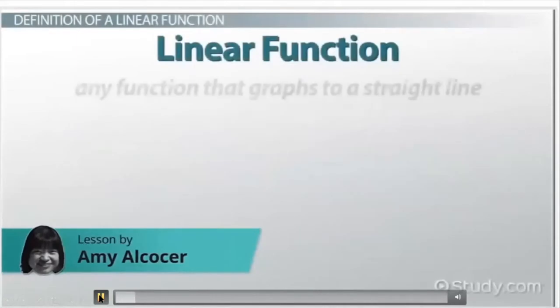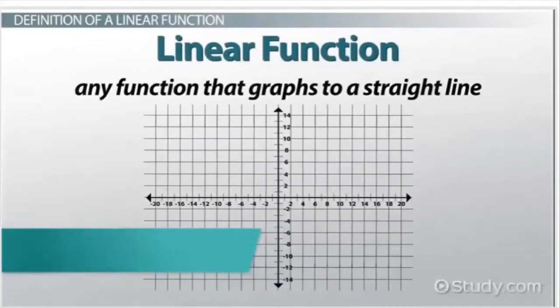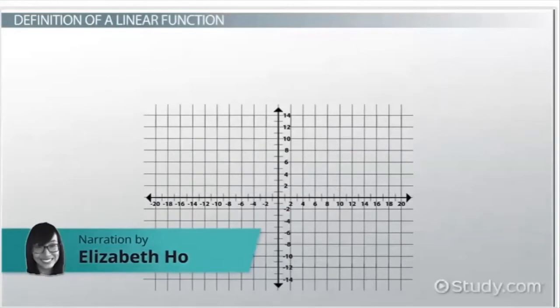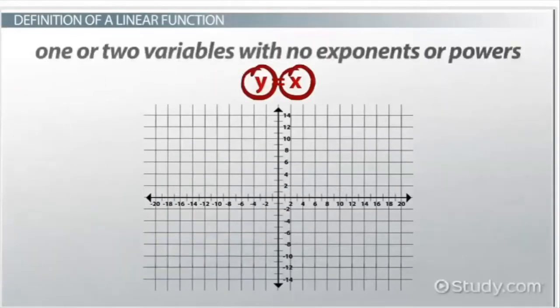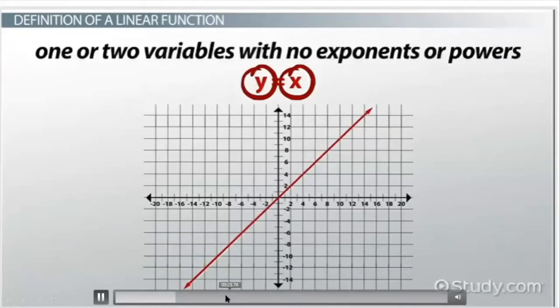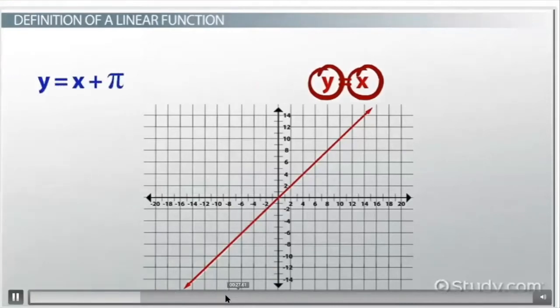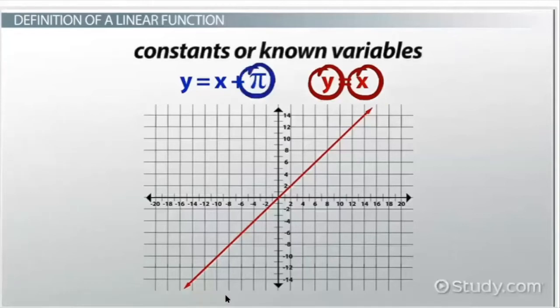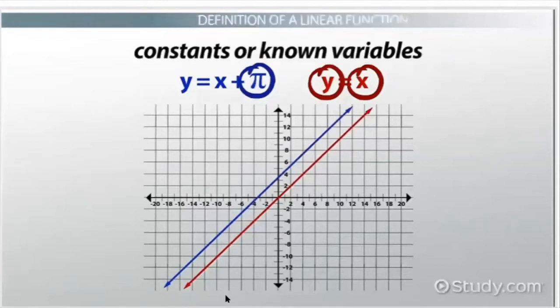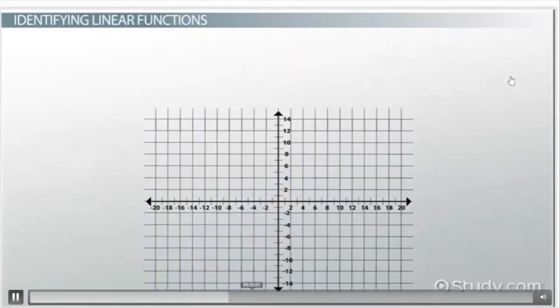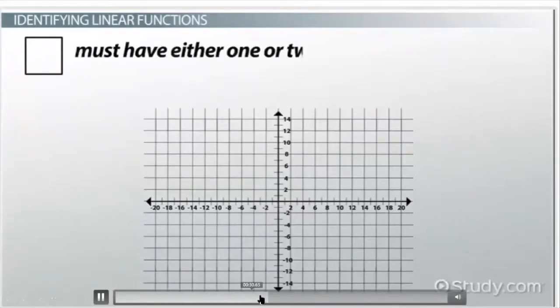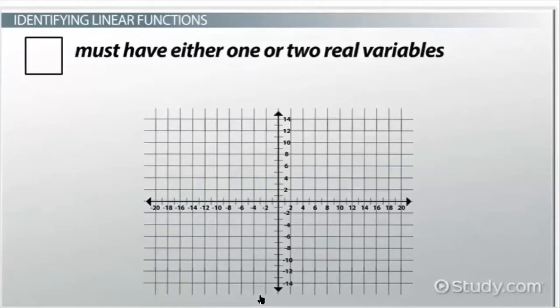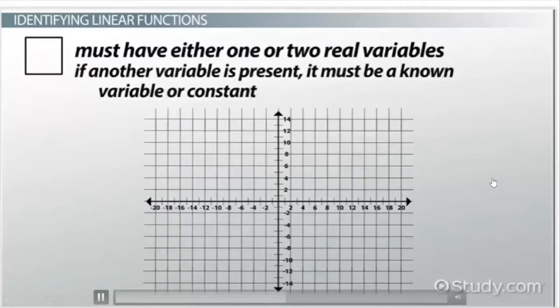A linear function is any function that graphs to a straight line. What this means mathematically is that the function has either one or two variables with no exponents or powers. If the function has more variables, the variables must be constants or known variables for the function to remain a linear function. To identify linear functions, you can create a checklist of several items the function must meet. 1. The first item the function must satisfy is that it must have either one or two real variables.